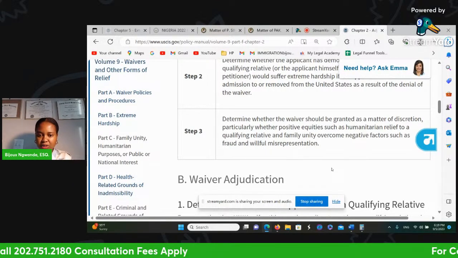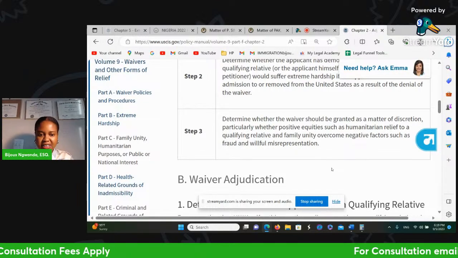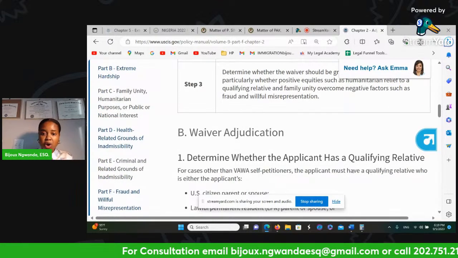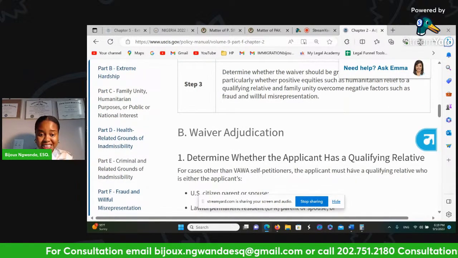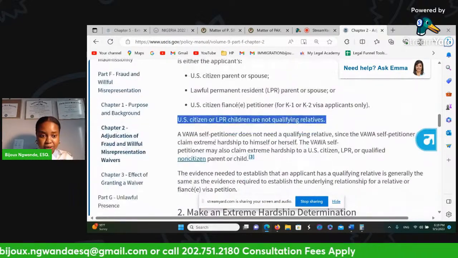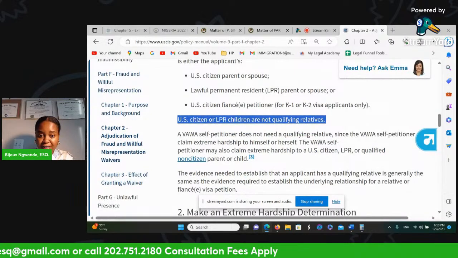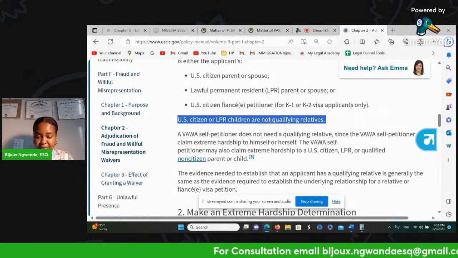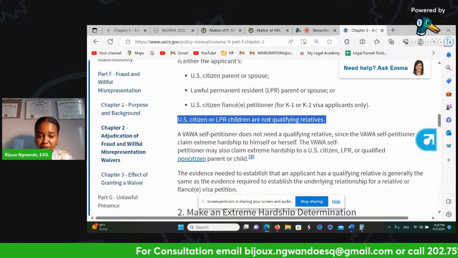Lying on an application is a big no, because at some point, if you don't have a lawful permanent resident or U.S. citizen spouse or parent, you cannot waive that. Your U.S. citizen children or lawful permanent resident children are not qualifying for that type of waiver. So that's why I don't do it.